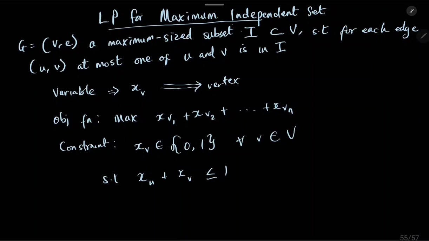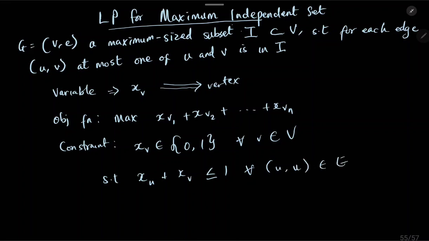So this is an at most case. I really want you to be able to remember this pointer, because when you have a random question, if you can tell the difference between an at least question and an at most question, it helps you formulate your constraints very easily. So in this case, we want at most one of U and V to be in this subset of vertices. So this is an at most question, expressed as less than or equal to 1. So this is the second constraint.